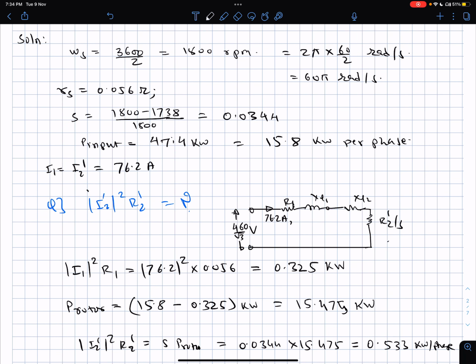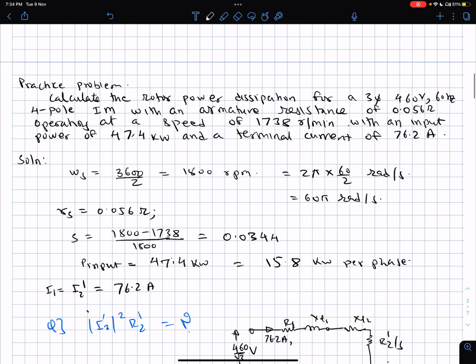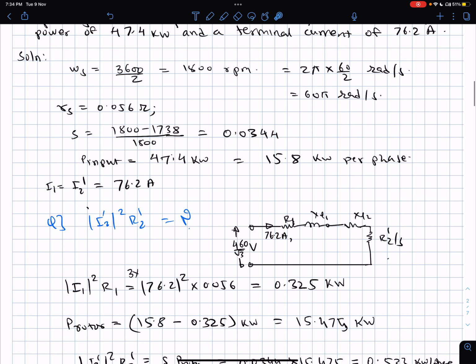I should have multiplied this by 3, is it not? So the input power is 47.4 kilowatt, so the per phase input power is only 15.8 kilowatt, that is divided by 3.